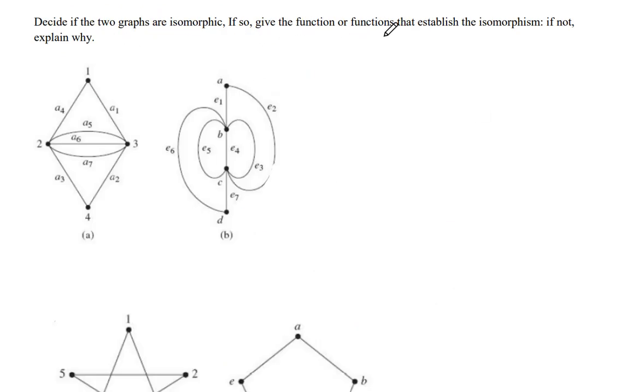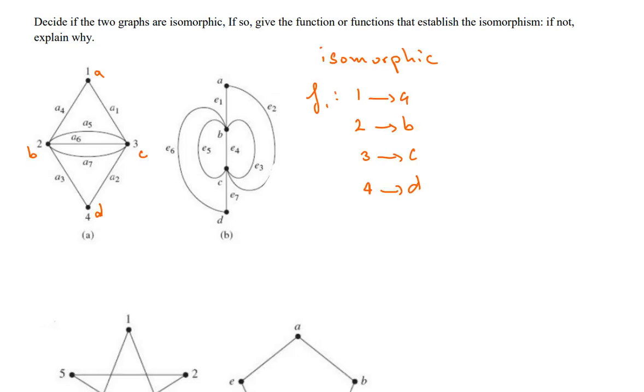Are the two graphs isomorphic? If so, give the function or functions that establish the isomorphism. If not, explain why. So take a minute and think about this graph here. It looks like the two graphs are isomorphic. As you see here, I made the nodes from graph A, 1, 2, 3, 4, correspond to A, B, C, D. And similarly, I will find the second function that maps every arc from one graph to the other arc on the second graph.